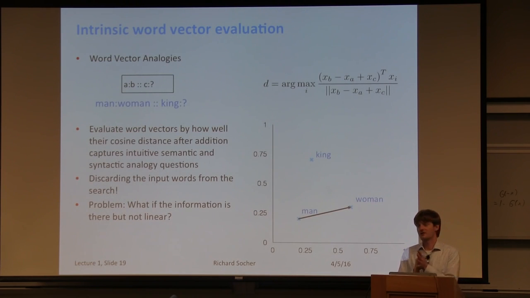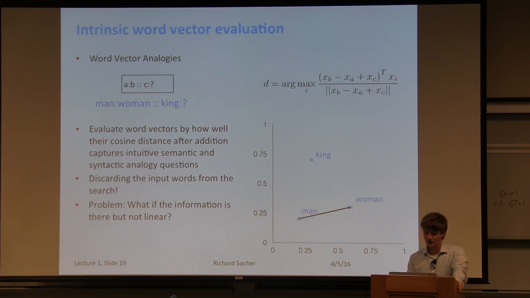Intrinsic word vector evaluation, one of the most popular ones that sparked a lot of interest, are these word vector analogies. Basically, if we say that man is to woman as king is to something else, then we would ideally hope that somehow in the geometry of our space, this is captured.